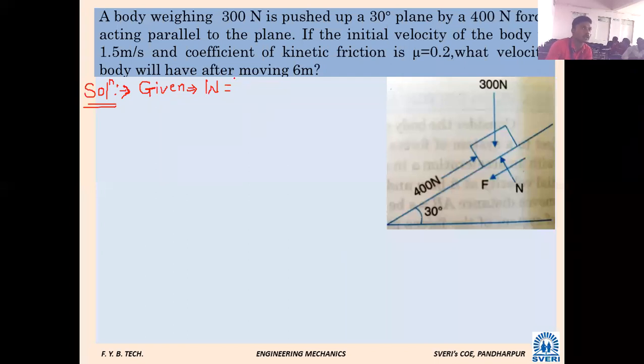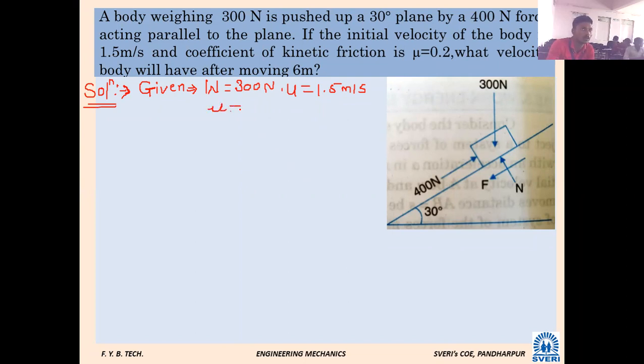I will give the given things, you can try. 300 Newton, then the force is applied. With initial velocity, it is told that u equal to 1.5 meter per second. Coefficient of kinetic friction. Why is it called kinetic friction? Because the body is in motion.